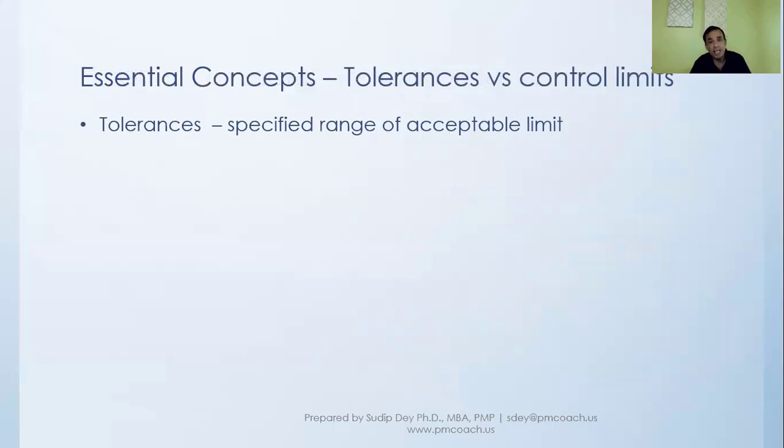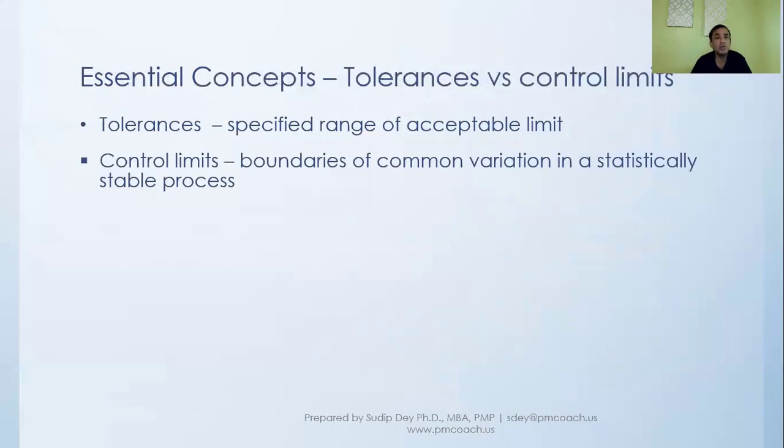But there can be an acceptable range or tolerance there, which we might say is plus or minus 0.05%. And if it is within that, then that is acceptable. So you are talking about a range of acceptable limit.